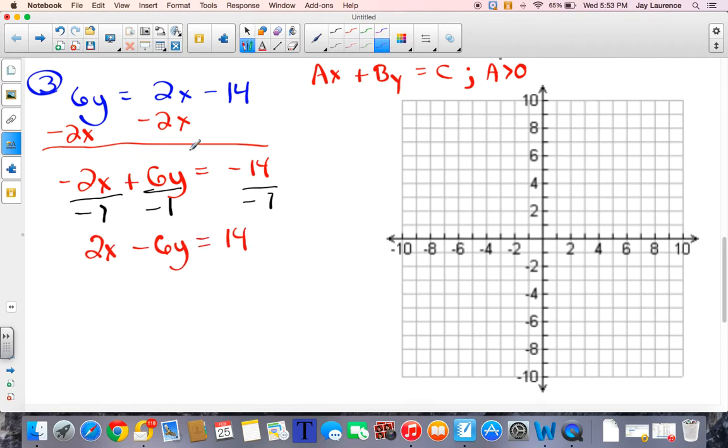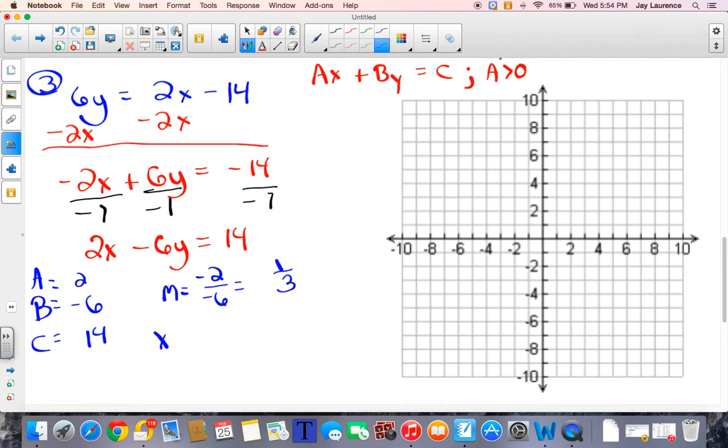All right, so I can go find ABC. So ABC, easy as 2, negative 6, 14. All right, and so now I can find my slope by doing the negative of a over b, which is going to simplify to positive 1/3.